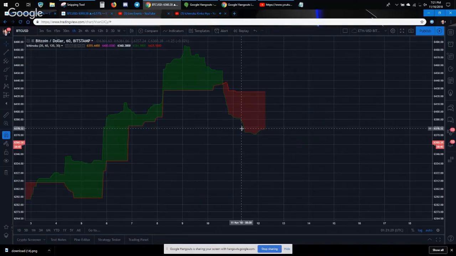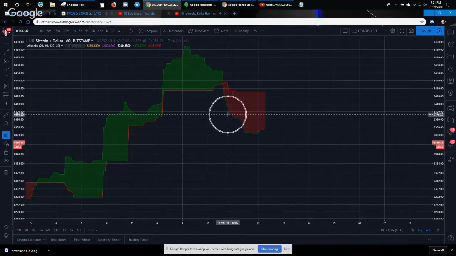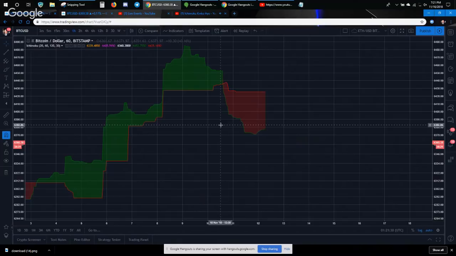The cloud edges identify current and potential future support and resistance levels, as I mentioned before. The Kumo cloud changes in shape and height based on price changes. Again, it's similar to moving averages. The height represents volatility, as larger price movements form thicker clouds, which creates stronger support and resistance. Thinner clouds offer only weak support and resistance, and prices can and tend to break through such thin clouds.